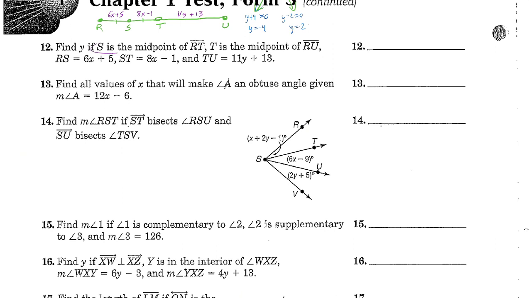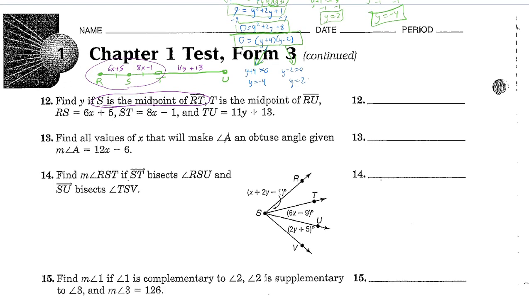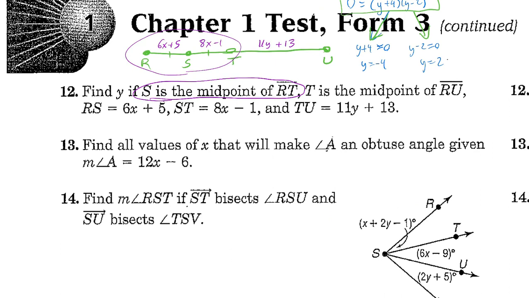Well, since S is the midpoint of RT, that means these two are congruent. So right away I can go off to the side, in this tiny gap over here. We know 6x plus 5 equals 8x minus 1. And then we just solve. So minus 6x, minus 6x. We go plus 1, plus 1.